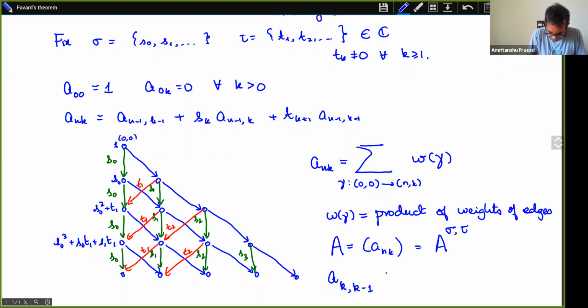That should be S0 plus S1 plus... If you look at K equals 1, then it is just S0. If you look at K equals 2, you can go S0, or S0 then T1 plus S1. So this will be S0 plus all the way up to S_{K-1}.